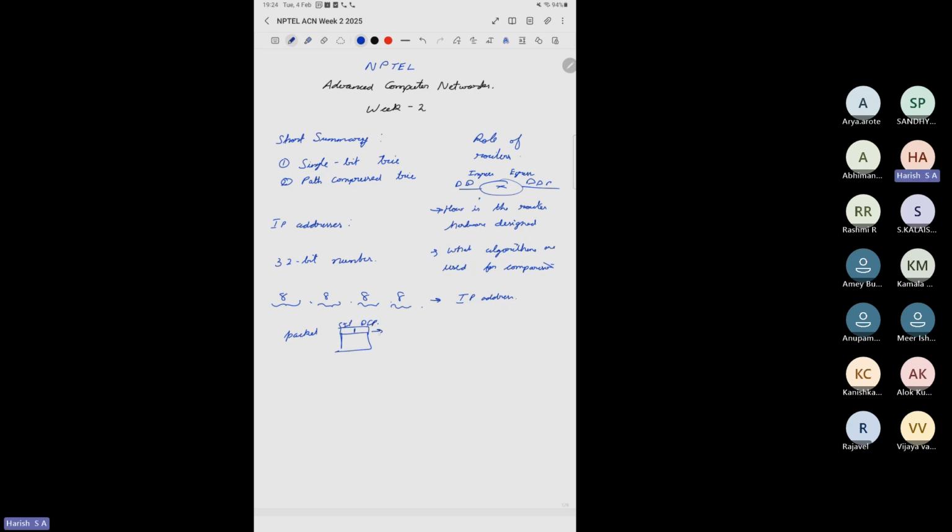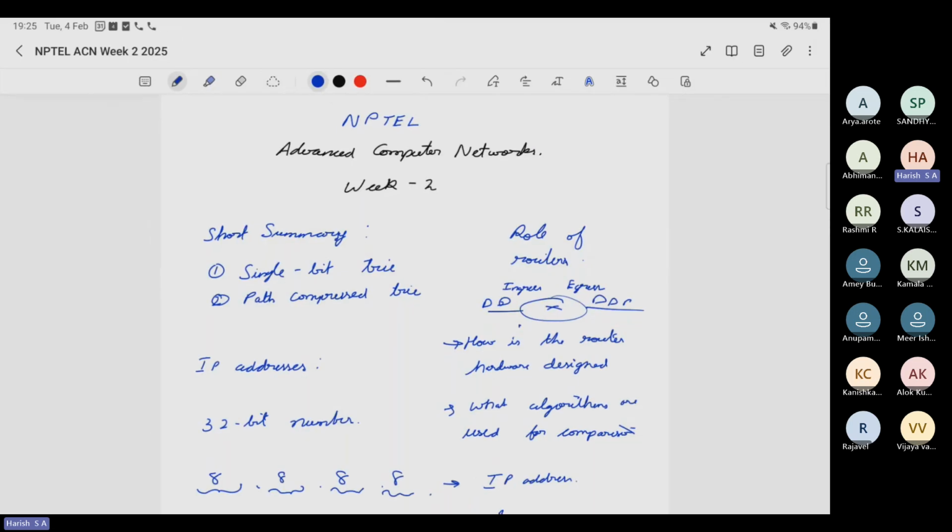This is added at the network layer. If any of these concepts are still not clear, you can always ask me.